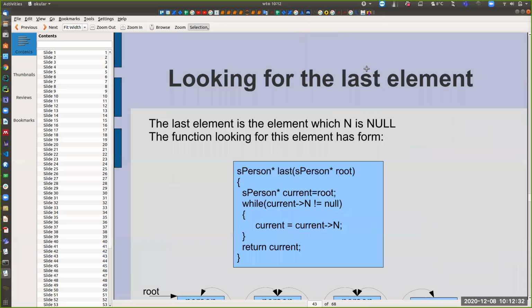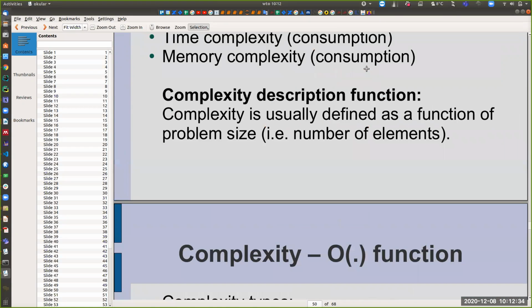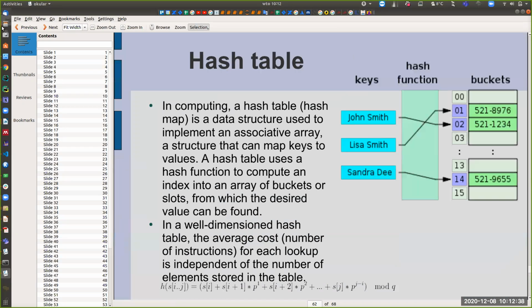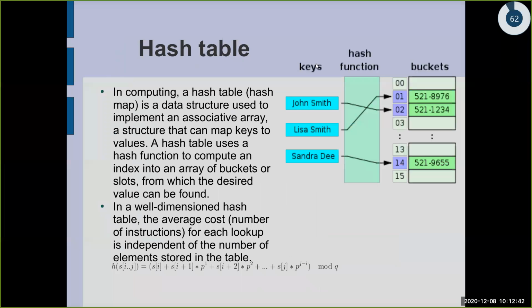So look, in a hash table, for every key, the hash function is calculated, and the value of this hash is the index in my array.